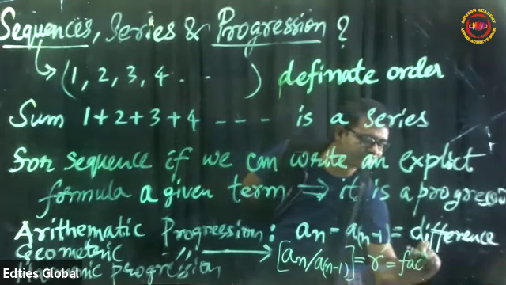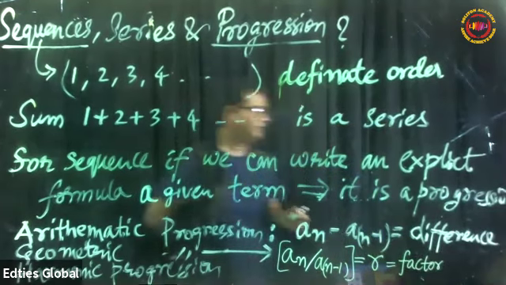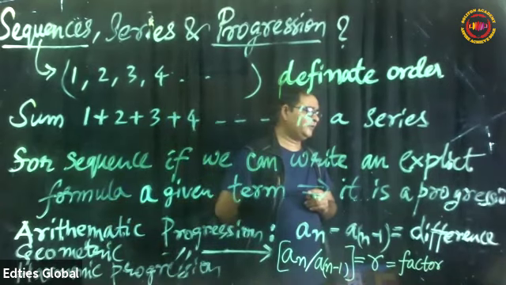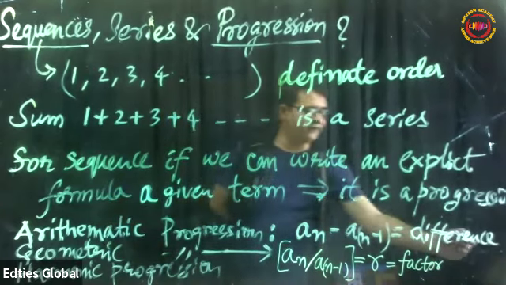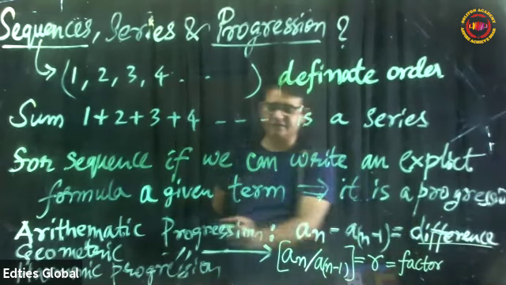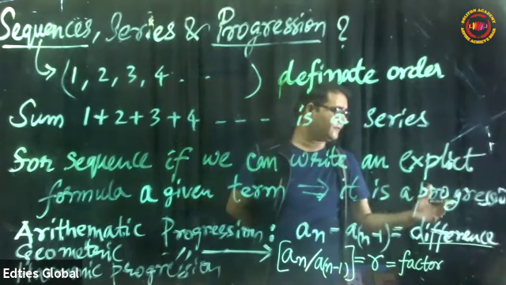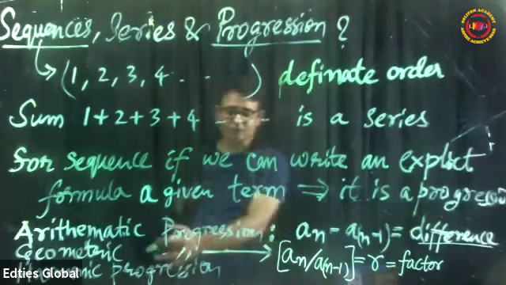This could be a number, a ratio. When you have a difference, you say it's arithmetic progression. When you have ratios in the terms of a sequence, you say it is a geometric progression.